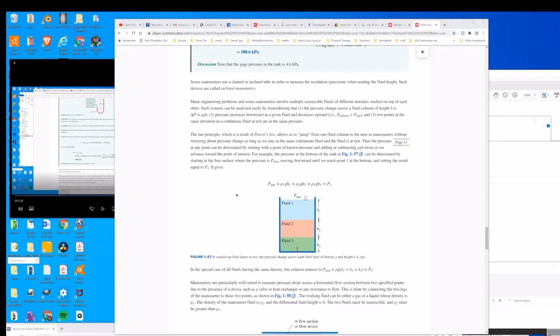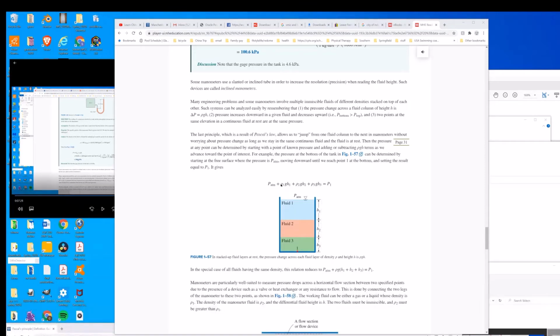And we could use that to actually figure out, let's say, the pressure at the bottom of this tank, right? So if we move upward or downward, we either add or subtract pressure, right? So in this case, if you're looking for the pressure at point 1, you'd have the atmosphere pushing down, plus the pressure due to the weight of this fluid in 1, and then 2, and then 3.